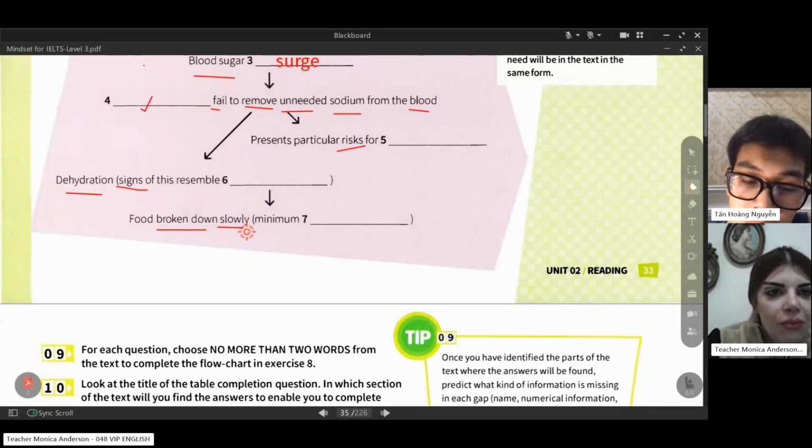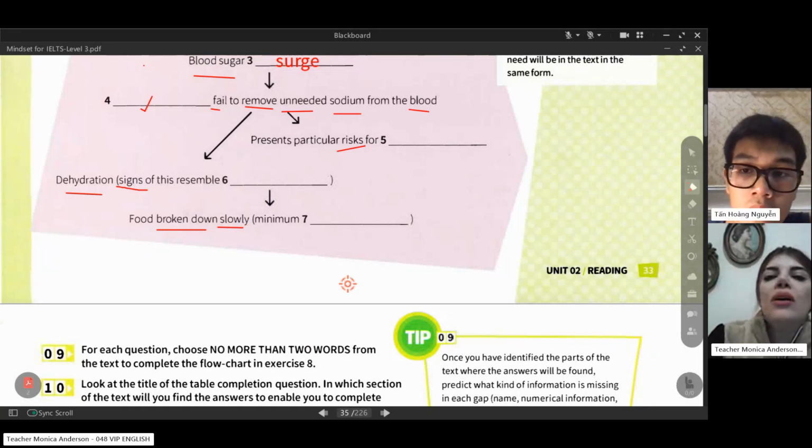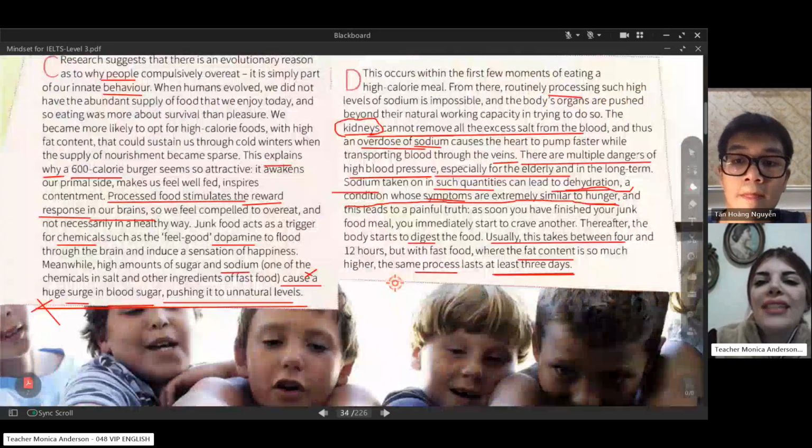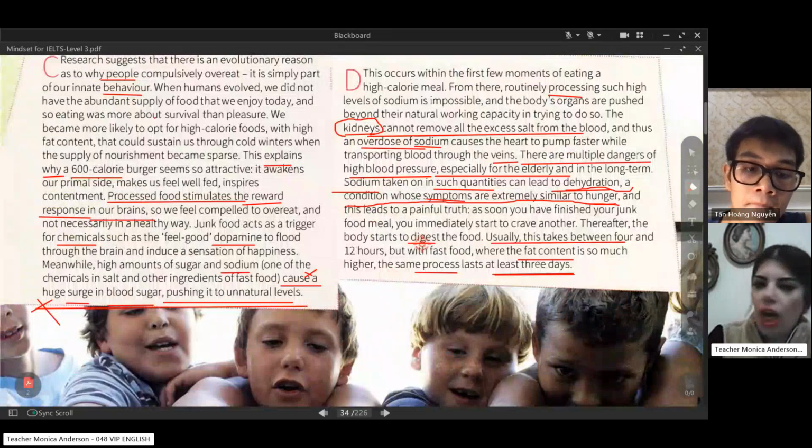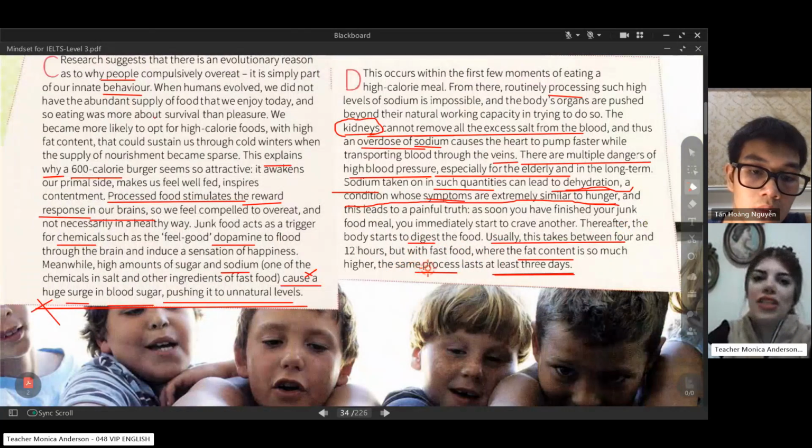Now we check the text again. I could find my keyword, breakdown, digest. So, the body starts to digest the food. And now, the answer: usually this takes between 4 and 12 hours. So this can be the answer.